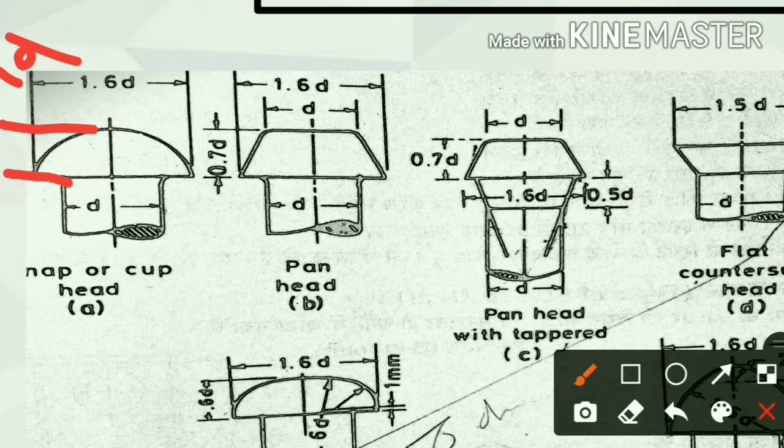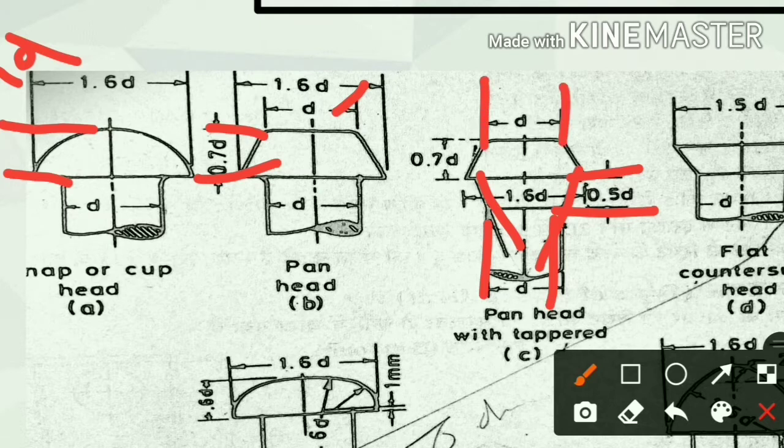This diameter is D, the pan head diameter is 1.6D, and this dimension is 0.7D. Come to next, pan head with taper. This taper distance is 0.5D. D is the diameter of this rivet. This dimension is 0.7D.